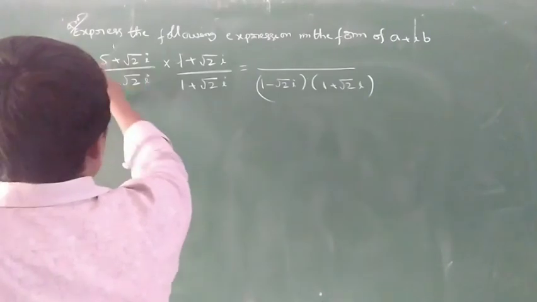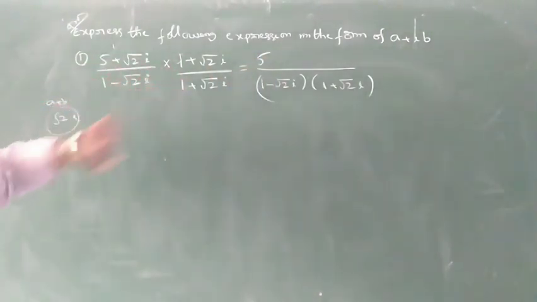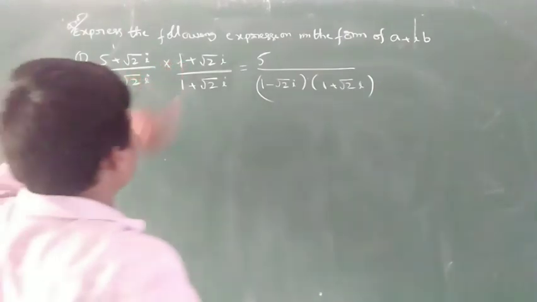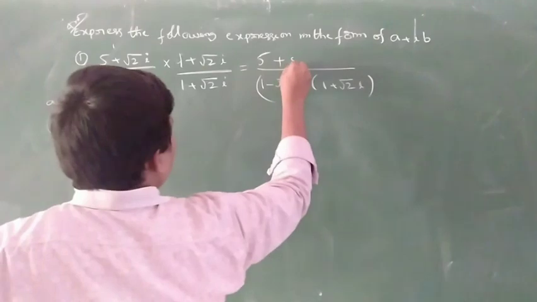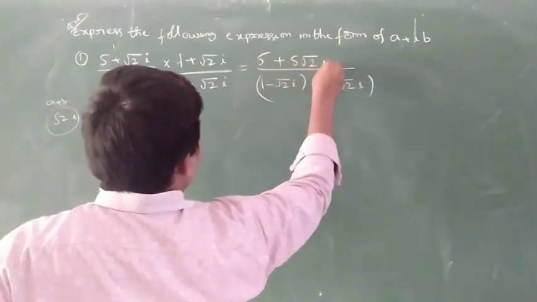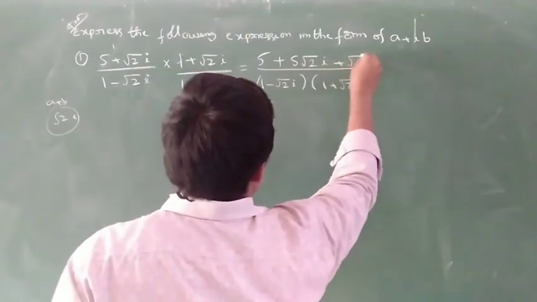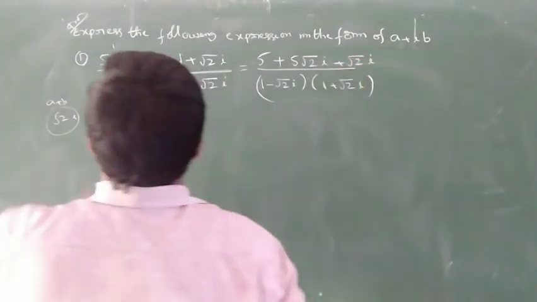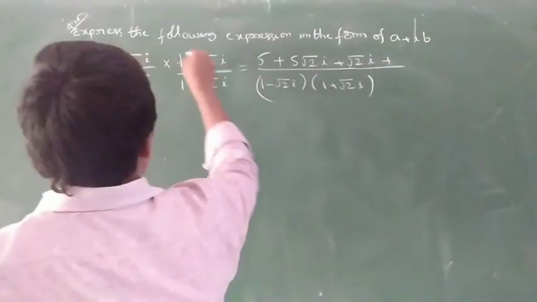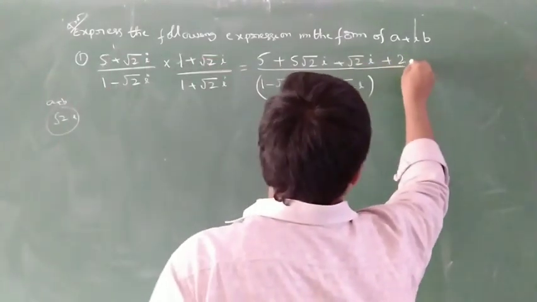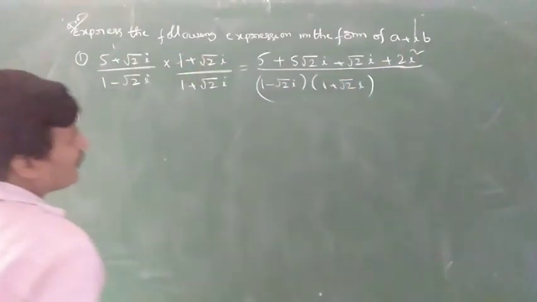Multiply 5 into 1, 5, plus 5 into root 2i, 5 root 2i. Next, root 2i into 1, root 2i, plus root 2 into root 2i, 2i square.